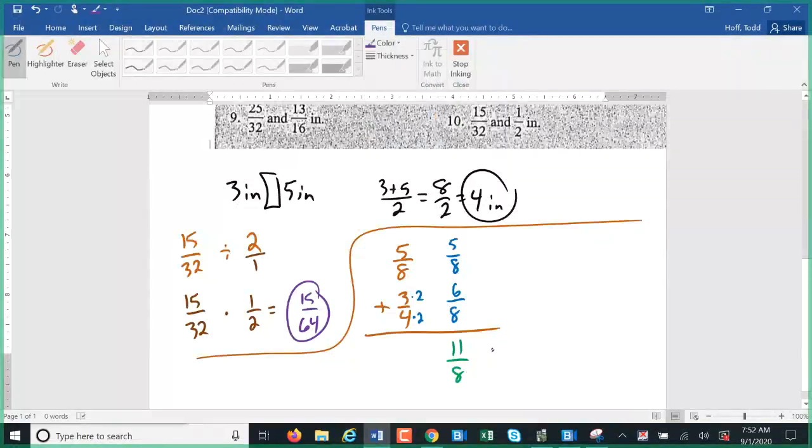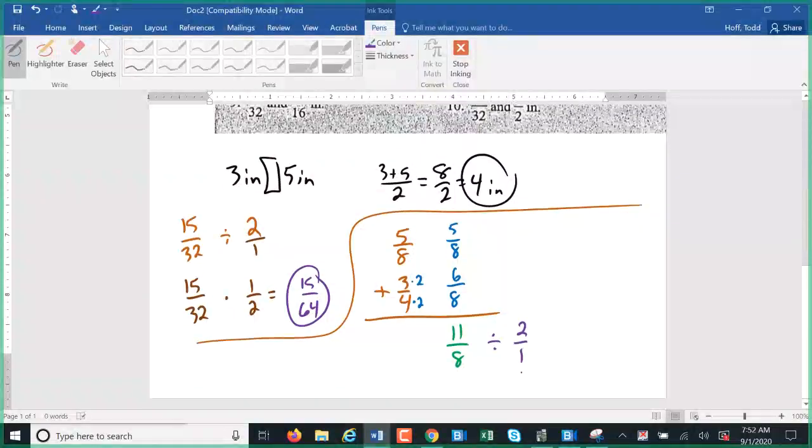Now we have to divide that by 2, which turns out to be multiplying by 1/2. So 11 times 1 is 11, 8 times 2 is 16. So 11/16 is the tool that is directly between those two.